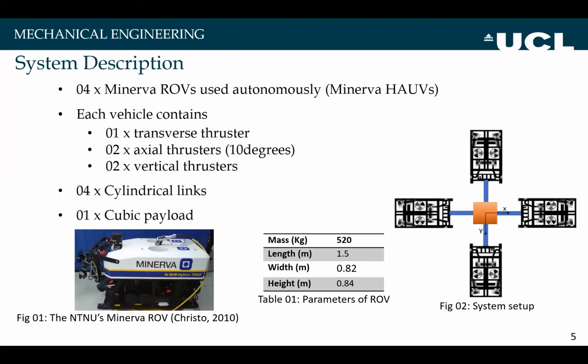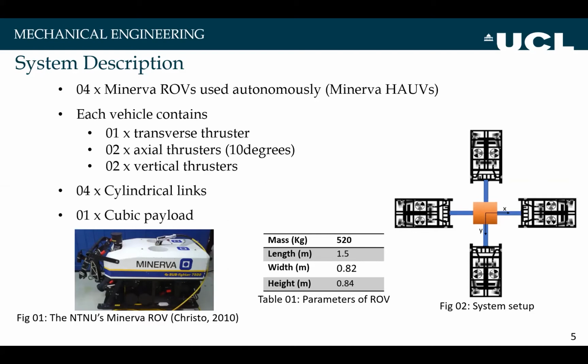As I said, I used Minerva ROVs, and I use them autonomously, so I call them Minerva HAUVs. In the system for this paper, I used four Minerva HAUVs. Each Minerva HAUV contains one transverse thruster, two axial thrusters, which are installed at an angle of 10 degrees so that they can provide both the motion in surge and sway, and two vertical thrusters.